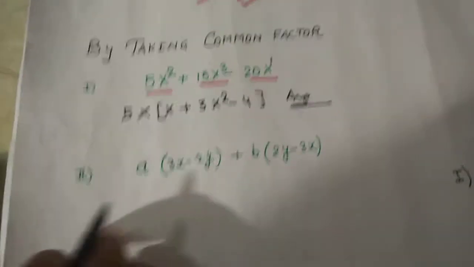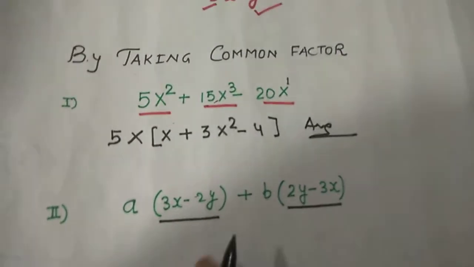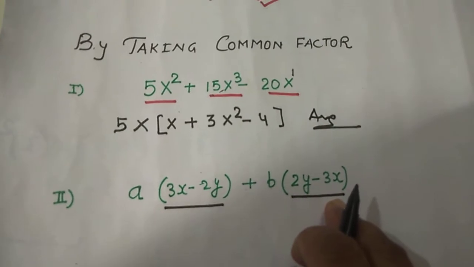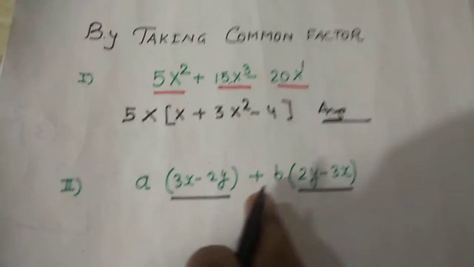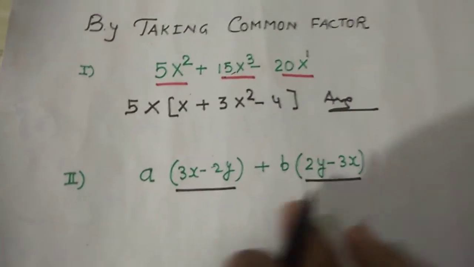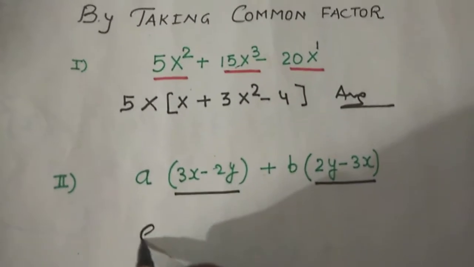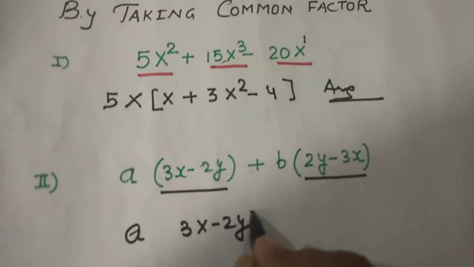See the other example: 3x minus 2y, 2y minus 3x. Here you have a plus and minus sign problem. First of all, 3x minus 2y.